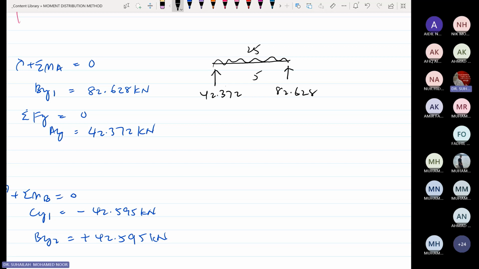When we draw the shear force diagram, we focus on the shear forces. For moment we look at the moment direction; for shear force, we have to look at the shear force. Our shear forces here are 42 and 82.